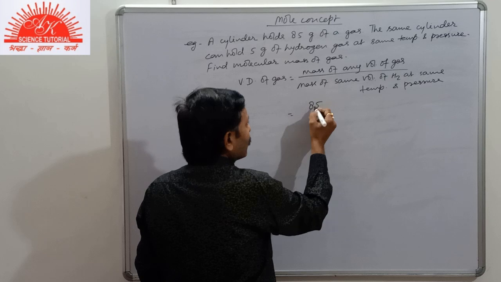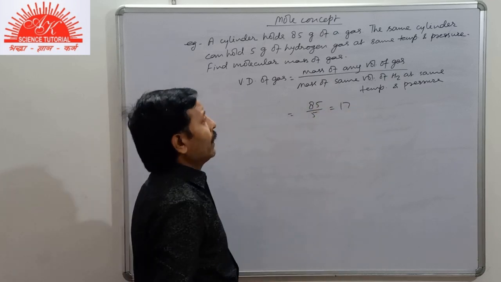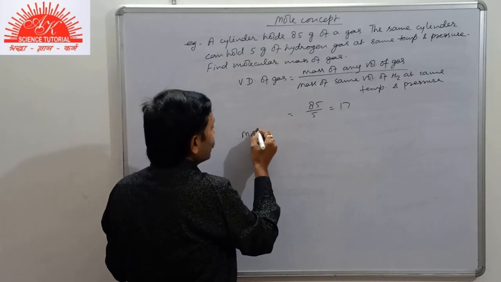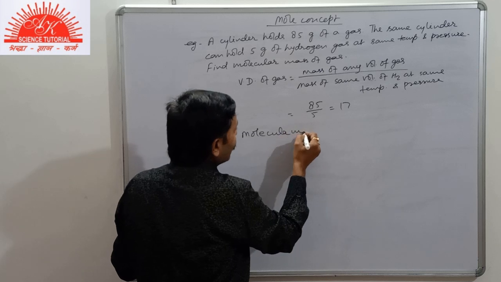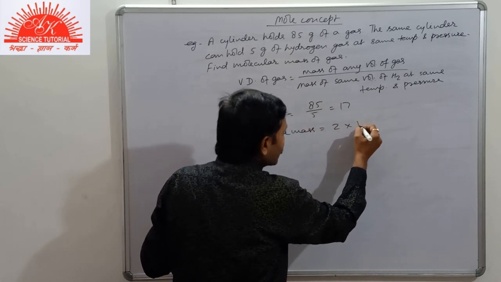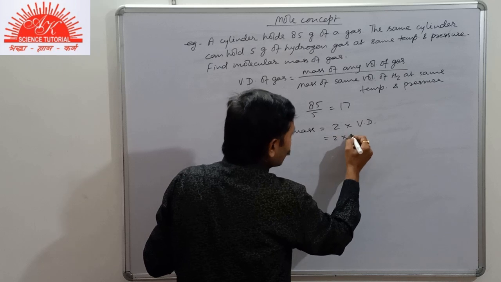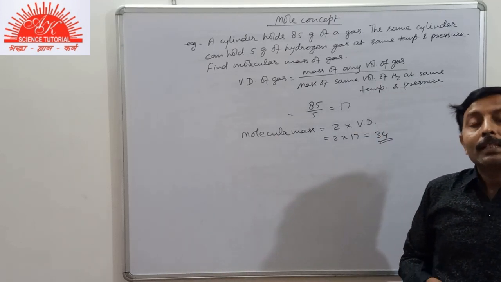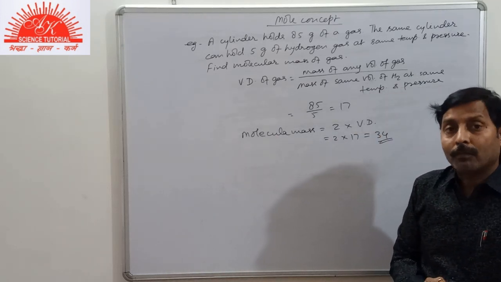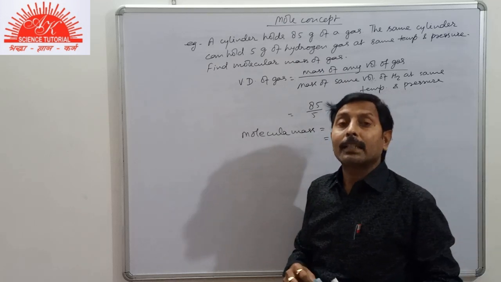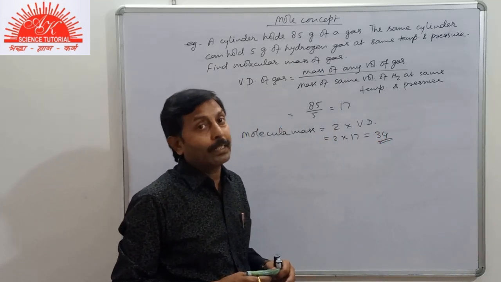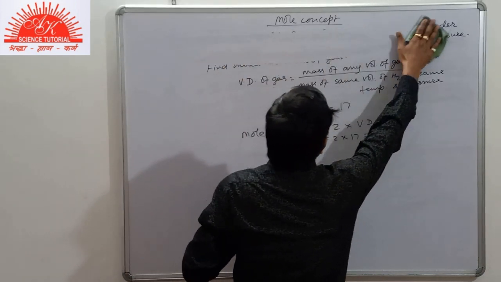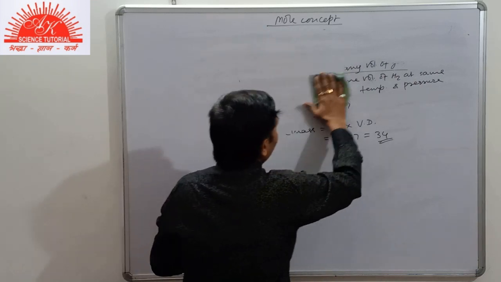It is 85 divided by 5, hence 17. So the vapor density of the gas is 17, and as a result it is easier to find the molecular mass. As it is 2 into VD, hence 2 into 17, that is 34. This type of question is asked frequently in board exams. This is one of the problems from board question papers. Clear, students? So this was one of the examples from vapor density.